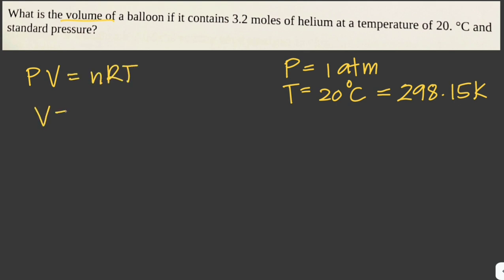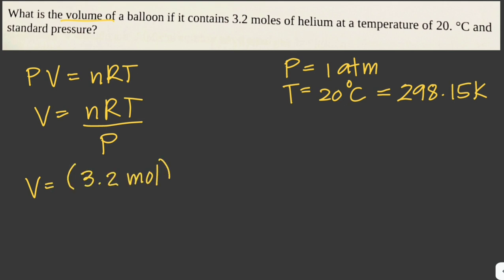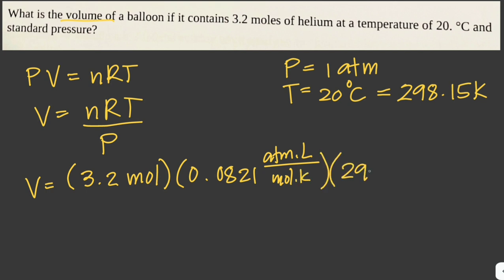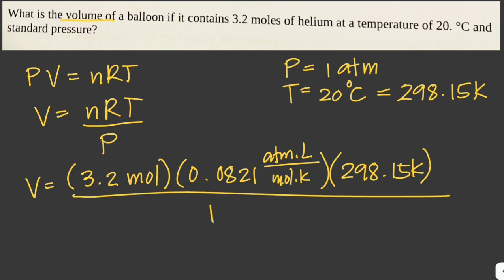To solve for the volume, this is just equal to nRT over P. So our volume is just the number of moles, which is 3.2 moles, times the ideal gas constant, which is 0.0821 atm liter per mole Kelvin, times the temperature, which is 298.15 Kelvin, over the pressure, which is 1 atm.